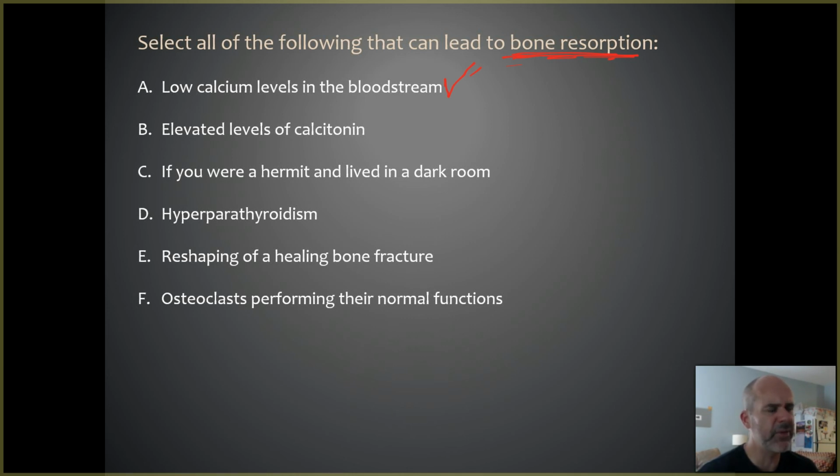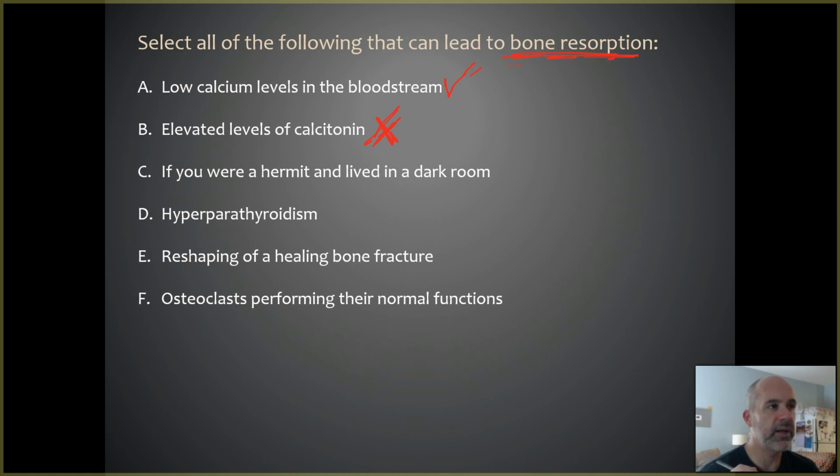It's thought to maybe have some minor role in controlling calcium levels in the body, but its function was originally thought to be that when you had high calcitonin, that stimulated bone formation instead of bone resorption. So calcitonin is not going to be triggering bone resorption. That's going to be the job of PTH.